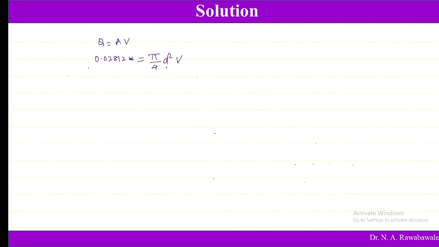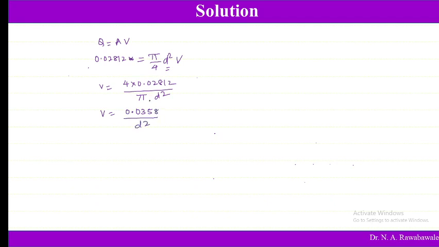Here the diameter is not known, so we can get this in terms of velocity. So velocity v is equal to 4 into 0.02812 divided by pi d square. If we simplify, v is equal to 0.0358 divided by d square.